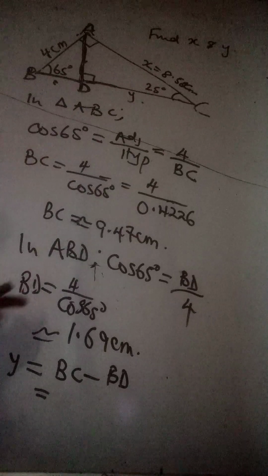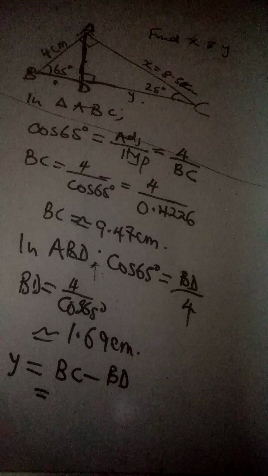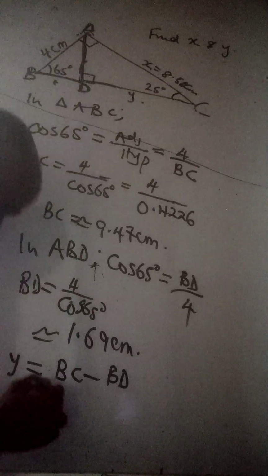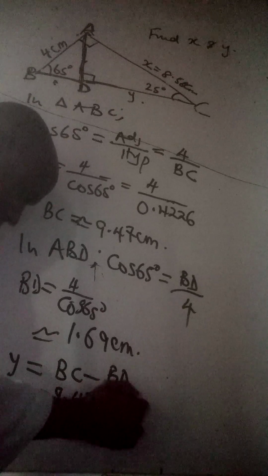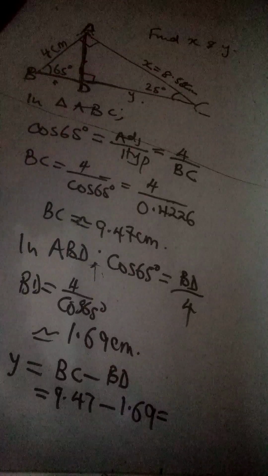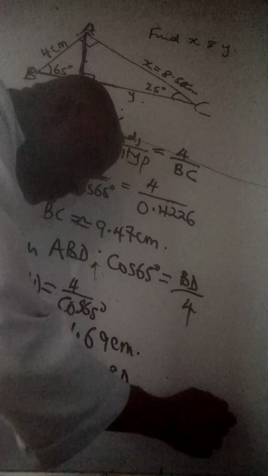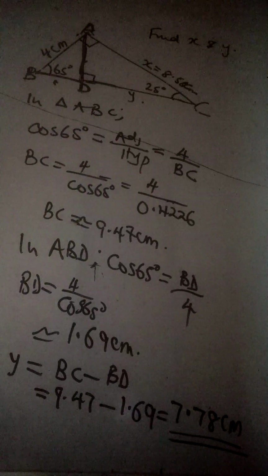In the previous we got 9.47, right? 9.47 minus 1.69. What would that give us? 7.78 centimeter. So that's the end of that.